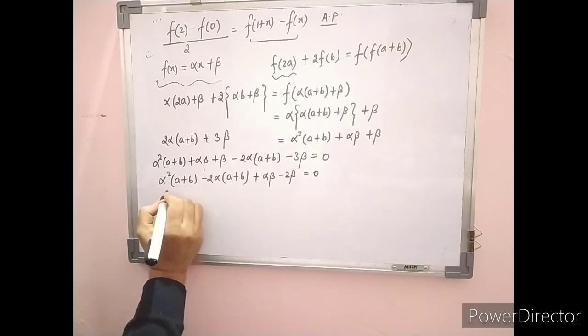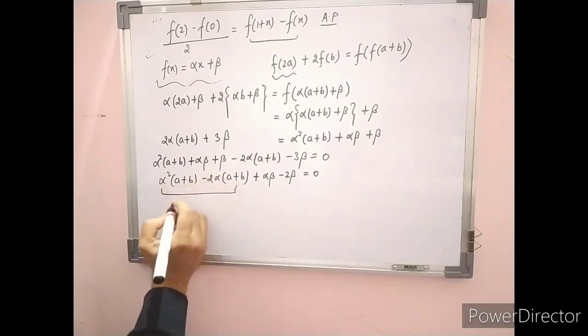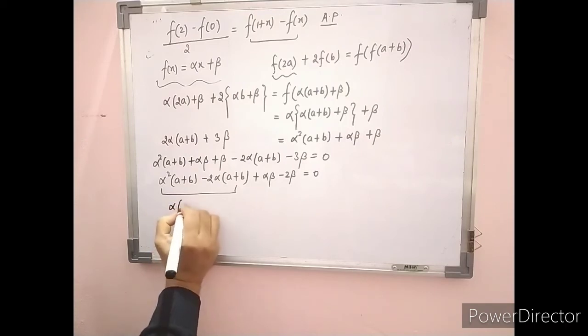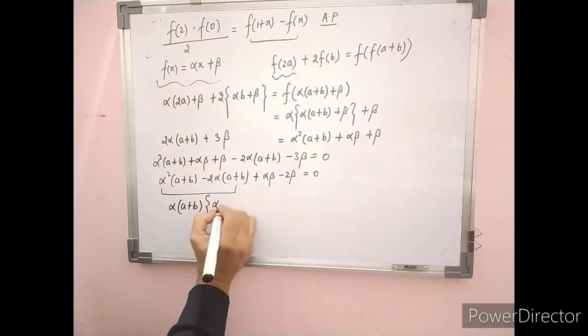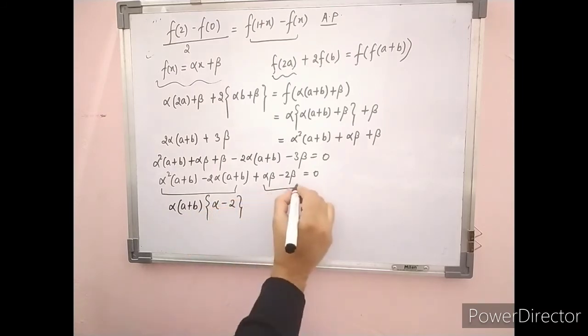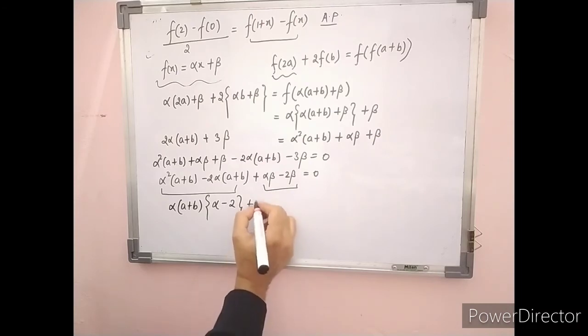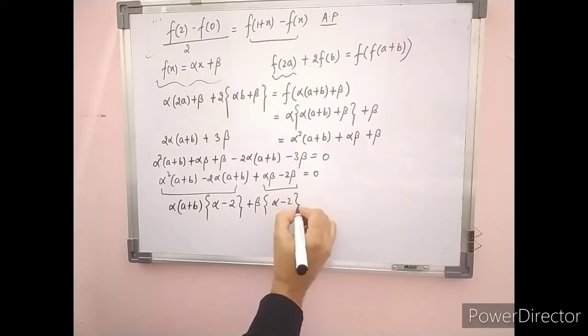Now if we take alpha common in these two statements, alpha and (a plus b), then we can write it as alpha (a plus b) and inside the bracket alpha minus 2. From here, if we take beta common, we can write it as beta into (alpha minus 2) is equal to 0. Okay.